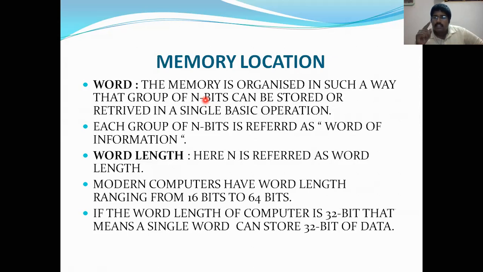That means the 8086 microprocessor is double times faster compared to the 8051, because the 8051 is only an 8-bit microcontroller, whereas 8086 can perform operation on 16 bits in a single clock cycle. That means the speed of operation of 8086 is double compared to 8051. So that is nothing but the word length.